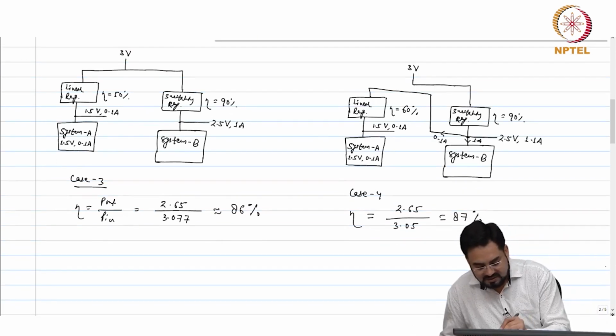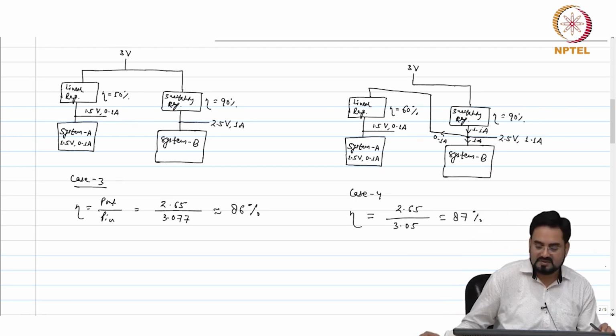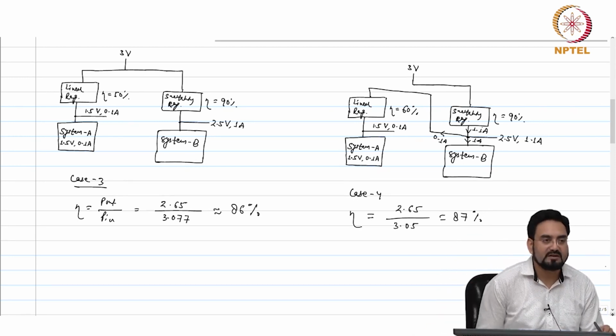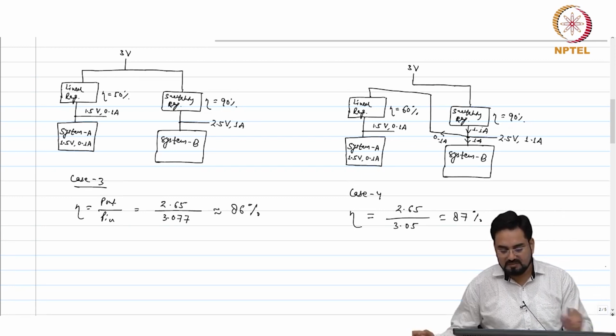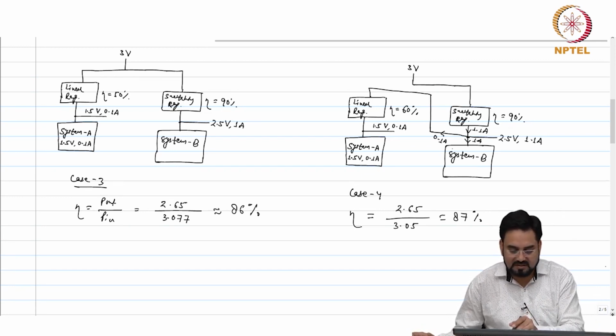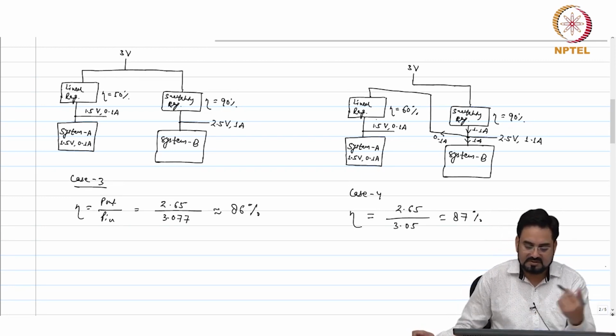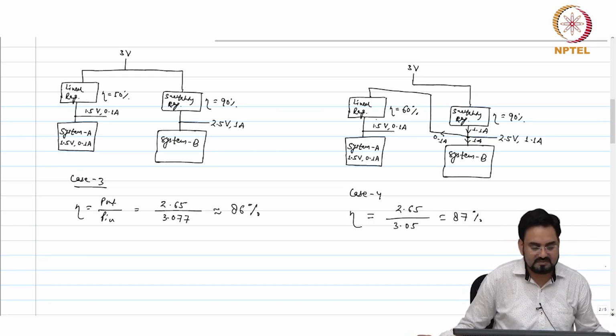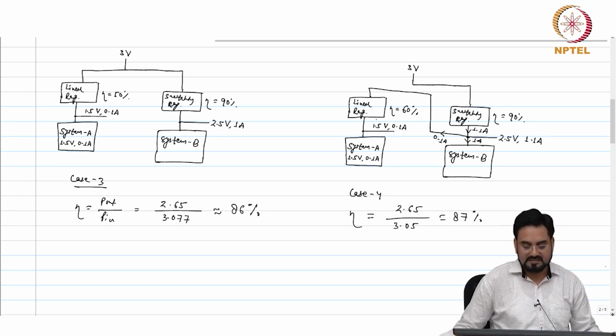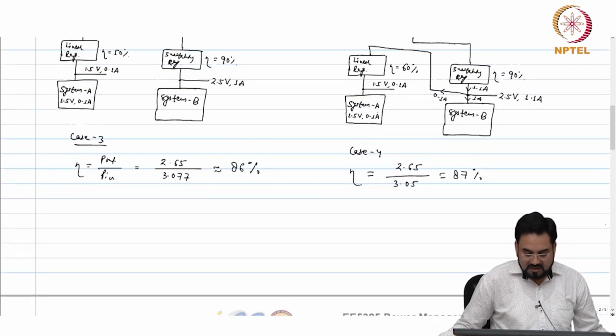So when I say 1.1 amp, this is coming from the output of your switching regulator. Okay. So 1 amp goes here in system B and 0.1 amp goes into the linear regulator, which is generating the supply for system A. Okay.